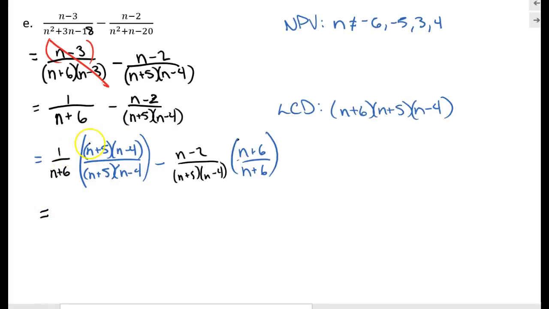So from here, I'm going to expand this. Well, luckily I already have that from my original question. That's going to be n squared plus n minus 20. I'm then subtracting, and I'm going to FOIL this out.